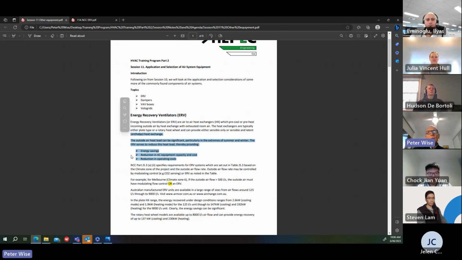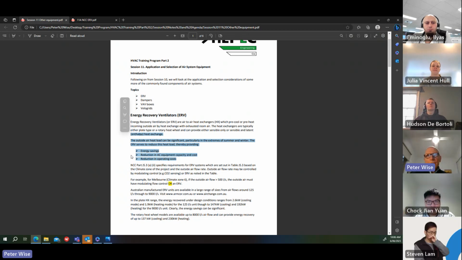So if you've allowed for an ERV in your design, the outside air load on the air conditioning equipment will reduce, and that reduces the equipment size and the cost, and obviously reduces the operating costs if you can take out some of the outside air heat load.